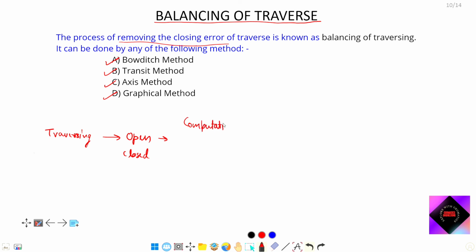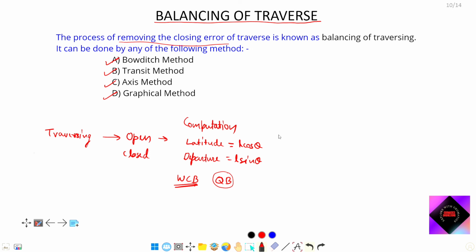In computations we have seen latitude of a line, that is L cos theta, and departure of a line, L sin theta. Keep in mind that theta is the bearing of the line in the WCB system. Don't take the QB system. If in the question QB system is given, then convert it into WCB, then measure your latitude and departure.